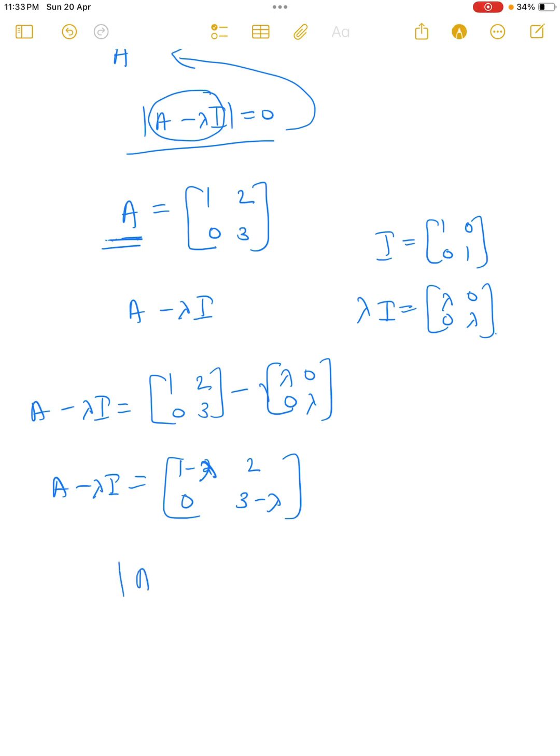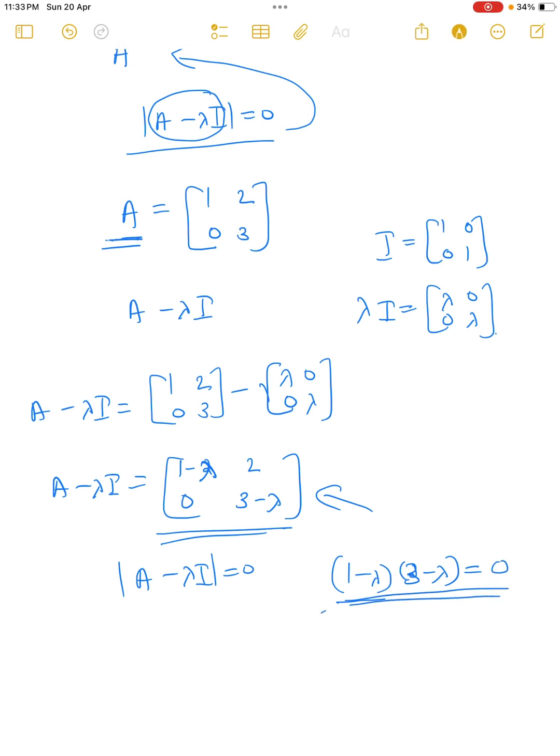To get the characteristic equation, we need to find the determinant of the matrix A minus lambda I equal to 0. The determinant of this matrix is 1 minus lambda into 3 minus lambda, which is equal to 0. This equation is called the characteristic equation.